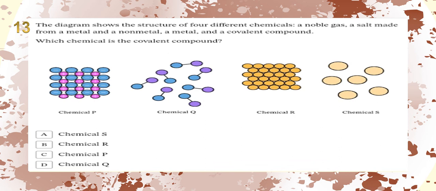And a covalent compound. What is the covalent compound? Here we have different atoms and sharing, represented by a straight line between each atom inside the compound. So chemical Q will be the right answer, which represents a covalent compound. Okay, let's go into question number 14.